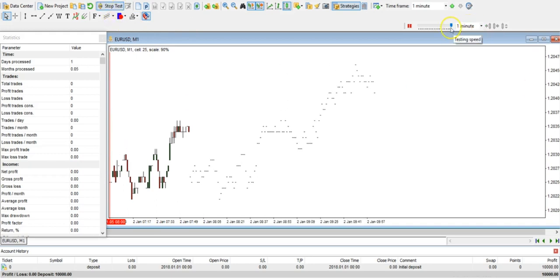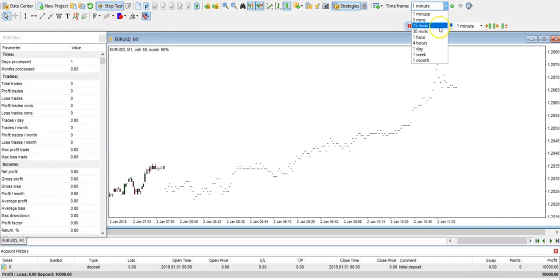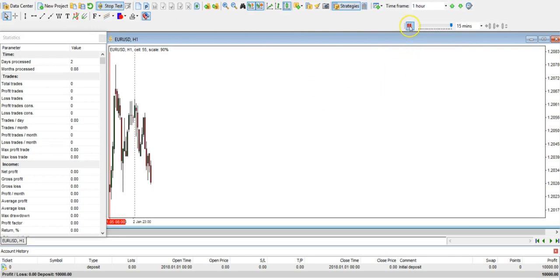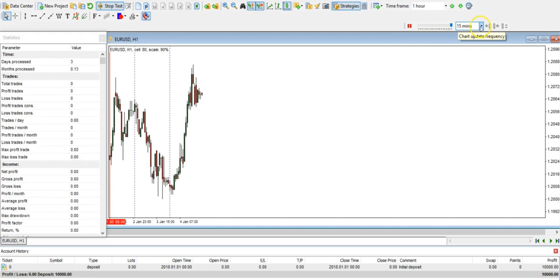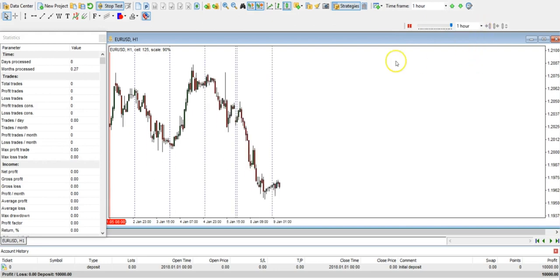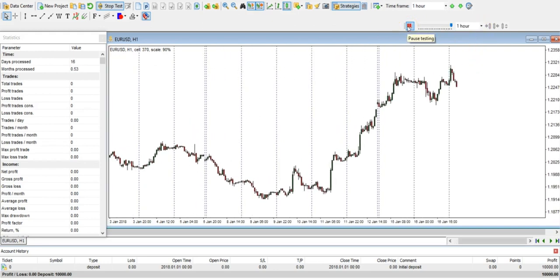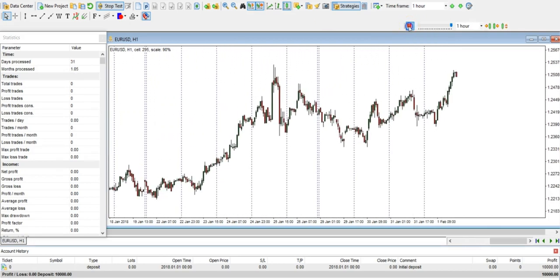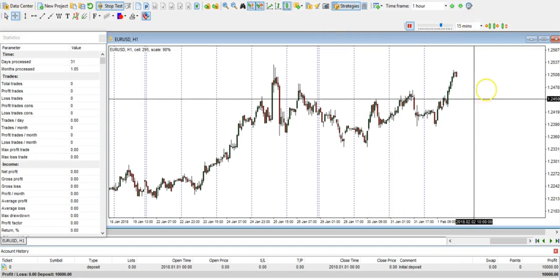Okay, so pause just a minute. I'm just going to make sure this is in the hourly, and I'm going to speed it up a bit so we get to the end of January. Okay, so there we're in the 1st of February now. Did I go too fast?